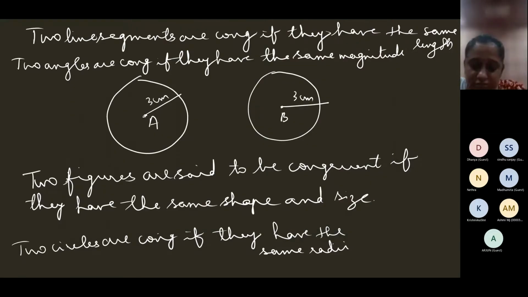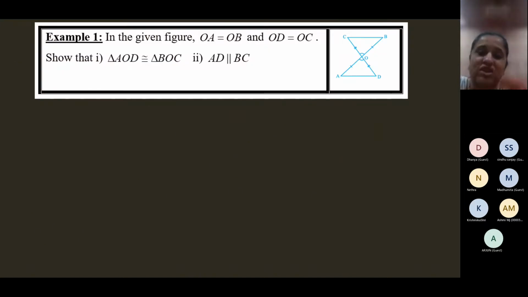Fine. So I always get into the exercise and explain the rules with the help of the questions or the proofs, because then you would understand better, is my perception. So we're getting into the chapter from NCERT.